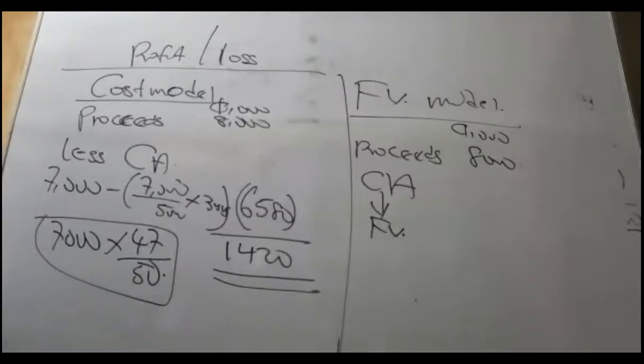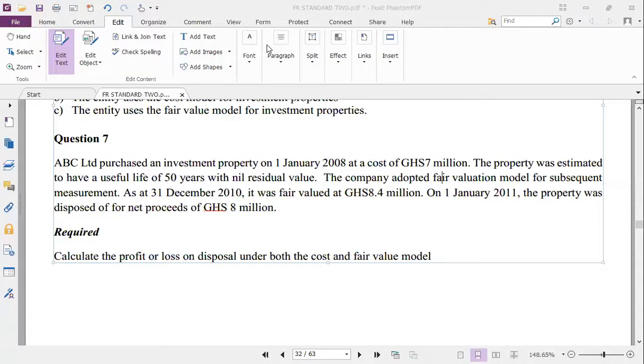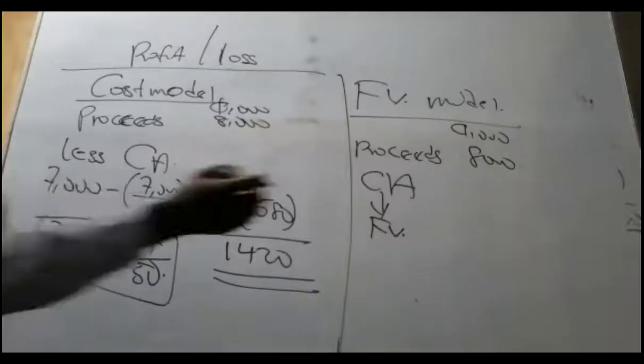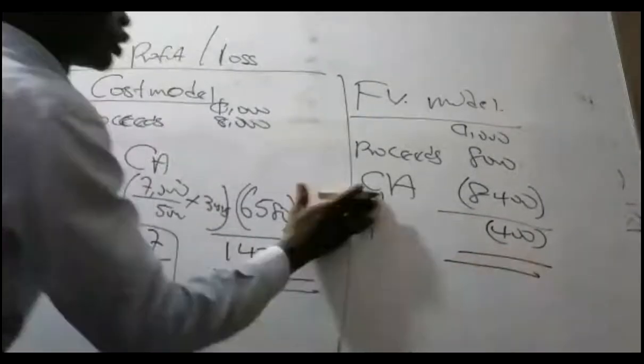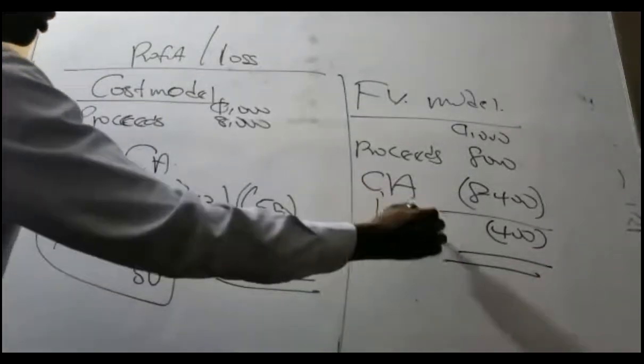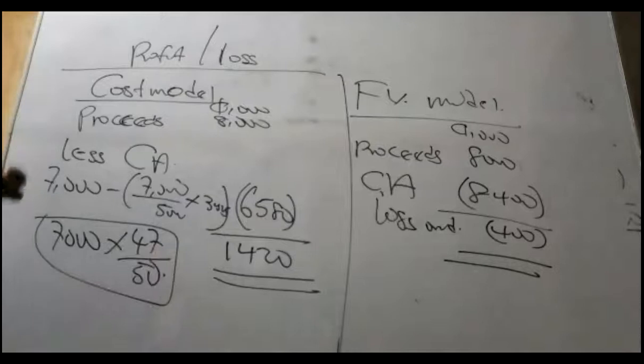Let's go and pick the fair value at the date of disposal. It was fair value 8.4 million, so that's 8,400. So therefore the carrying amount becomes 8,400, no depreciation. So therefore 400,000 loss. So you'll have a loss on disposal. Then how do you treat this profit or loss on disposal? Give me the accounting treatment and let's see. Good.